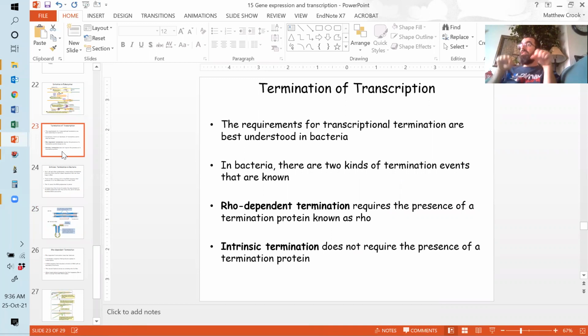Row, row your boat gently down the stream, merrily, merrily, merrily, like such a dream. That's how I remember it. And intrinsic termination, which relies on the actual sequence of the mRNA being produced to terminate its own transcription.